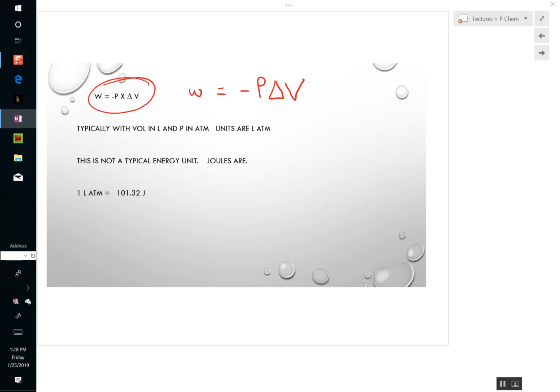So here's a good little equation to keep in mind. And you would get liters here, atmospheres here. So you're getting liter atmospheres, which seems like an odd unit, but it is an energy.